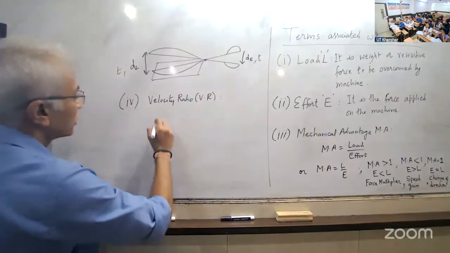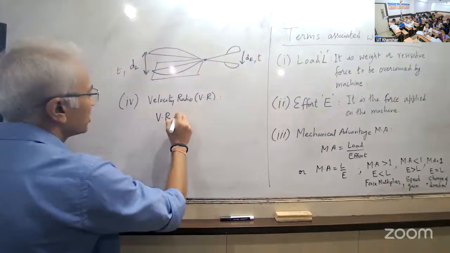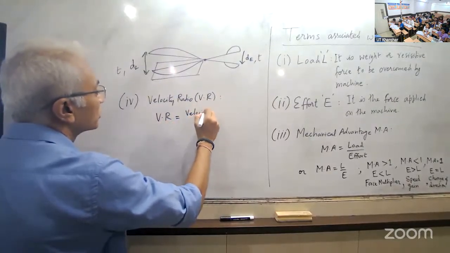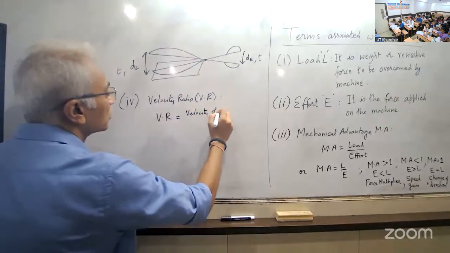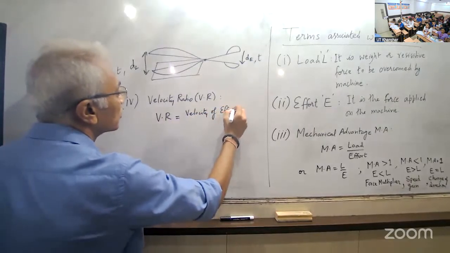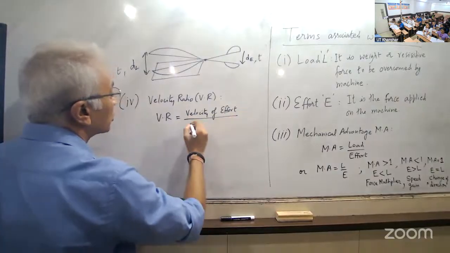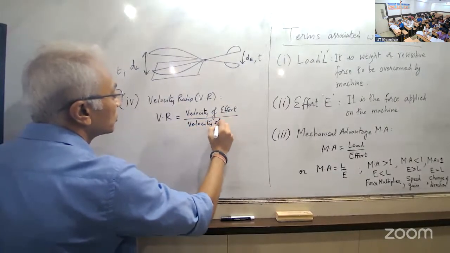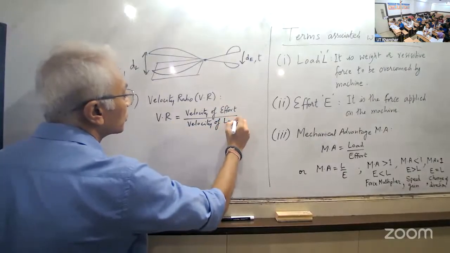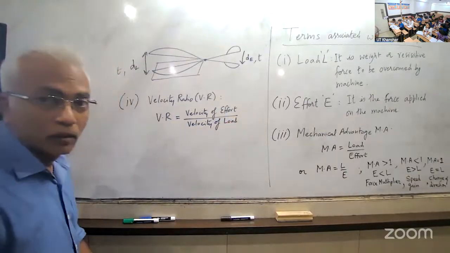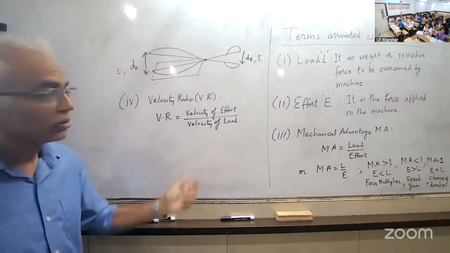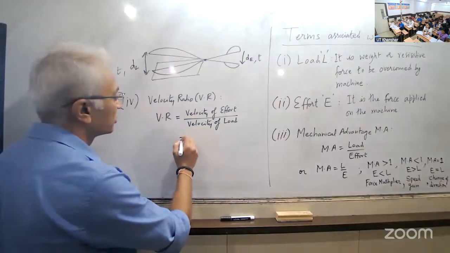VR is defined as the ratio of velocity of effort upon velocity of load. So what is velocity of effort?